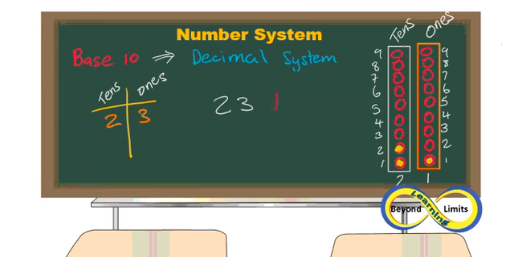And if we were going to add 14 to 23, we can also represent that on our chart. We can say 1 ten and 4 ones, and we can now go ahead and add that, put our addition sign, and we will get 7 and 3. So we have 3 groups of 10 and 7 ones.